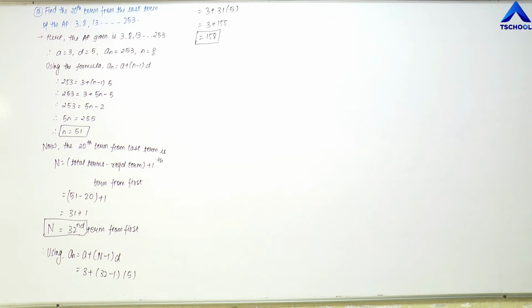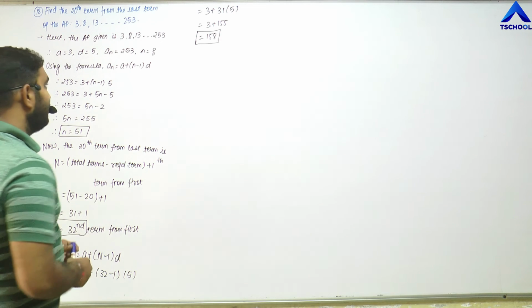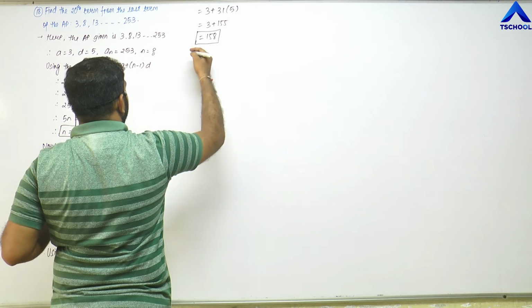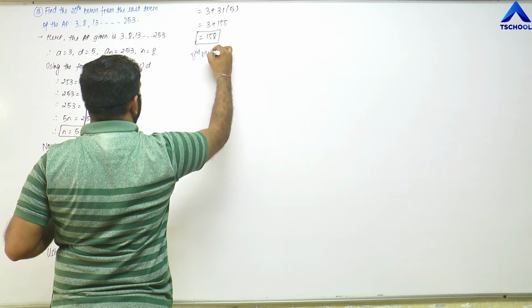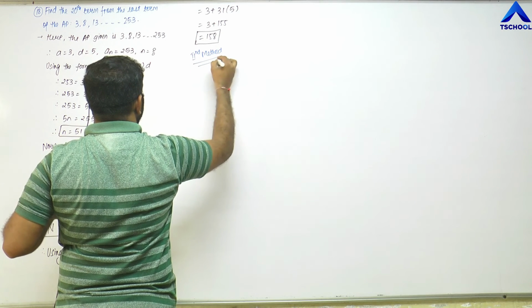Now if I want to find out this 158, this answer we got, in a different manner, not like this. So what we are going to do is, we are going to simply reverse the AP, right? So we shall find out using the second method to this sum.